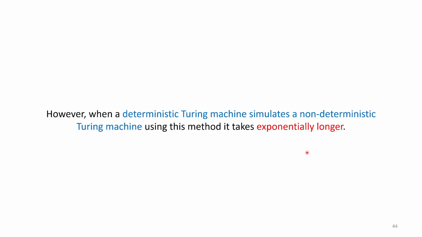But it raised a very interesting problem, which is when we started simulating non-deterministic Turing machines with deterministic Turing machines, we found that they take exponentially longer. Now I'm saying longer here as though in time, but they actually have exponentially more states, and it actually turns out the number of configurations that you need to go through also turns out to be exponentially longer.